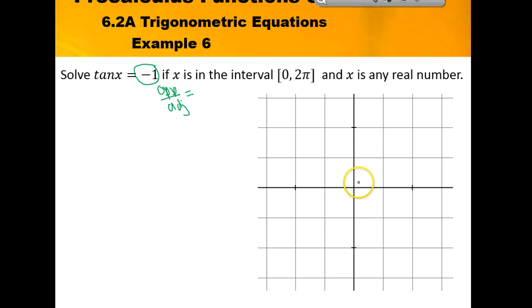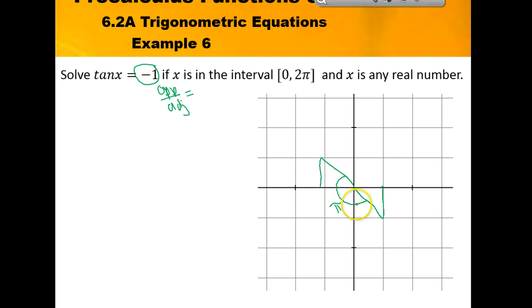So tangent is positive in quadrant 1. So we're going to look here at quadrant 2. And I'm going to just draw this. And then tangent's positive in quadrant 3. So it's going to be over here. Now, do you see how these are, this distance right here, or that angle right there, is pi.